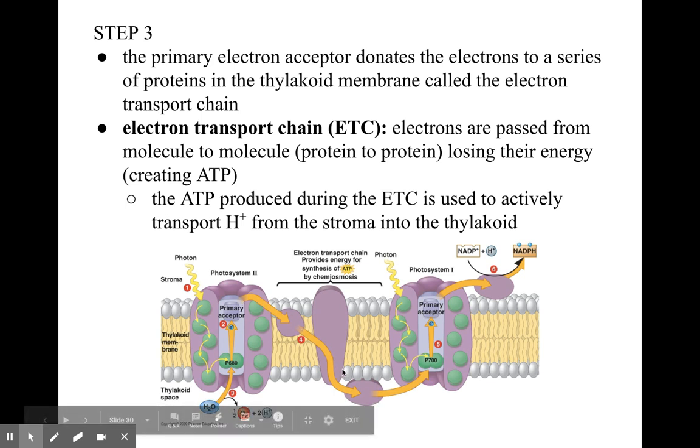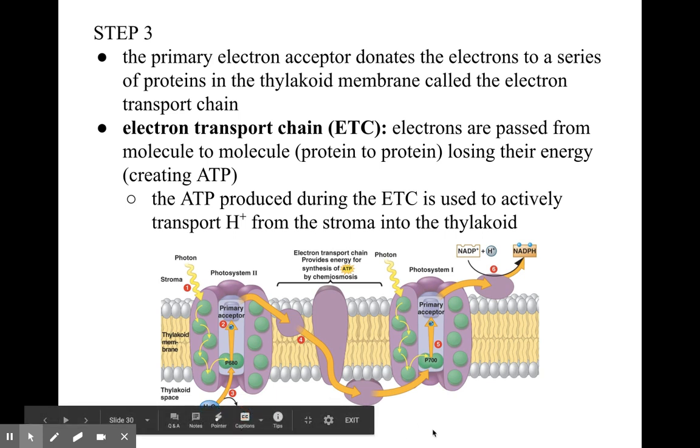When it does that, we're going to get ATP made because we're also going to actively transport hydrogen ions from the stroma into the thylakoid.